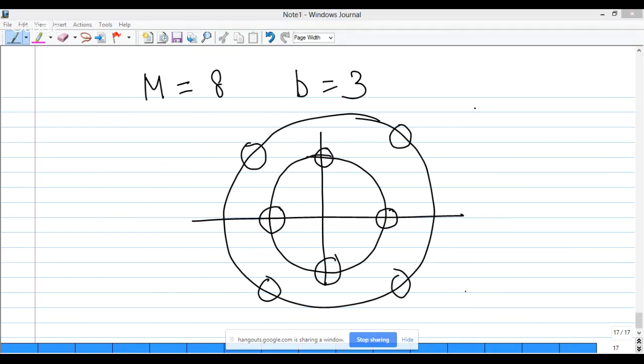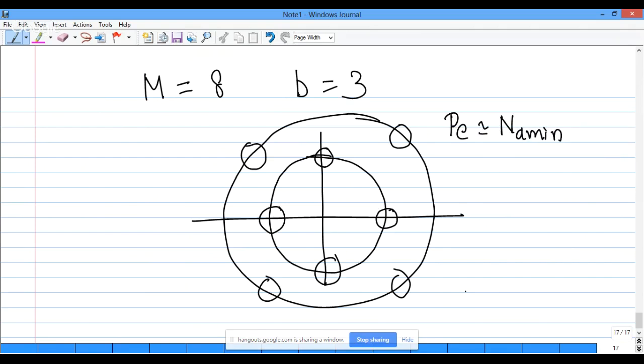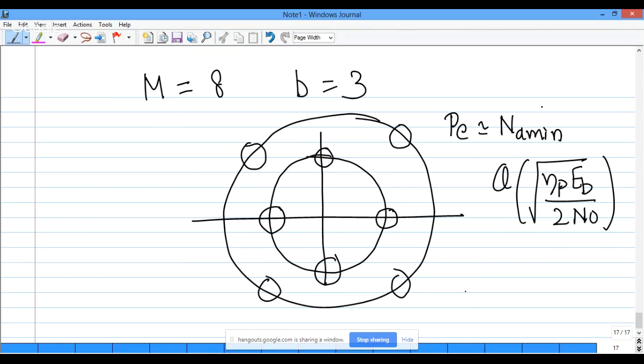If I use the nearest neighbors approximation, then the probability of error is N_dmin times Q of root of eta_p epsilon by 2. So the only two unknowns are the number of nearest neighbors and this power efficiency. Once we have found them, we can evaluate this probability of error.